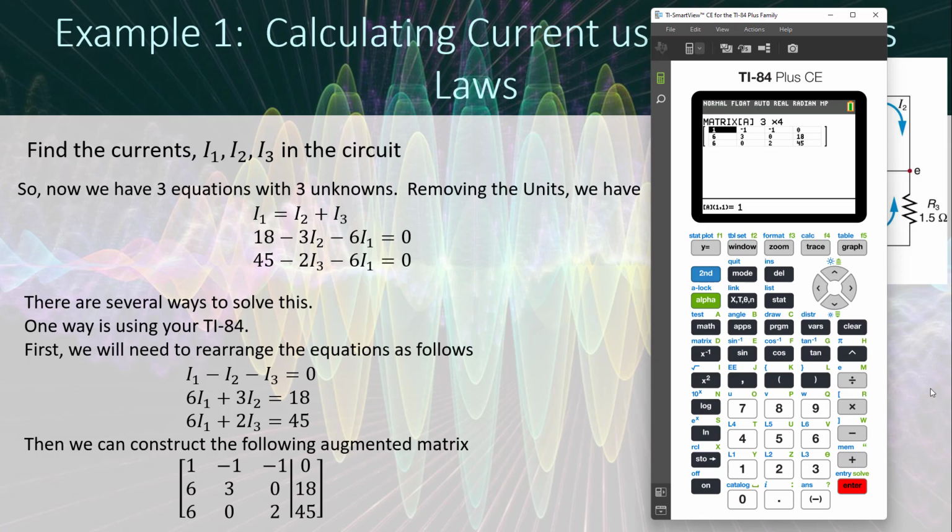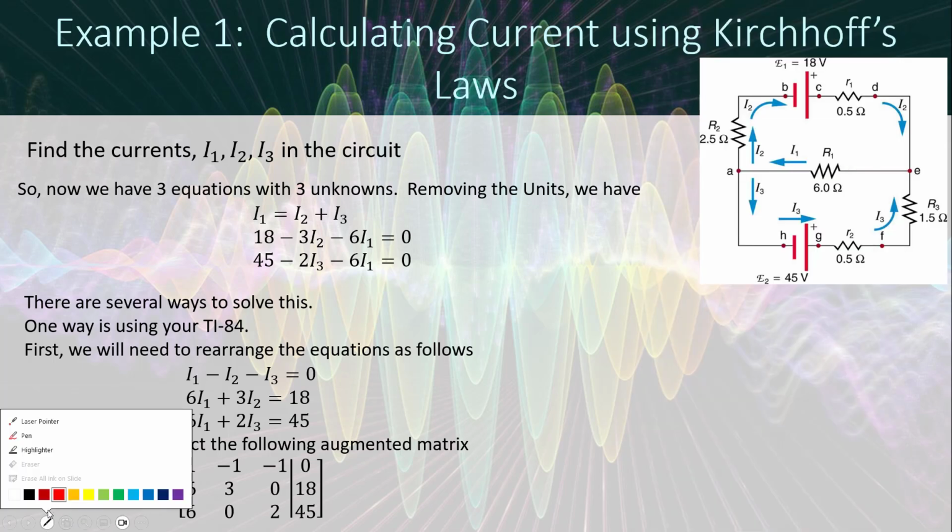Okay, there's our matrix. Now, what we want to do after we've done that, well, first we want to quit, but we want to create what's called a reduced row echelon matrix. And for that, we're going to basically use the code RREF.